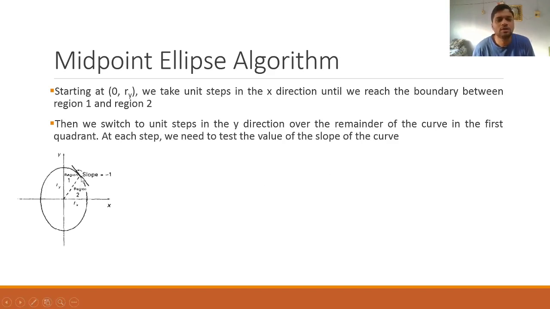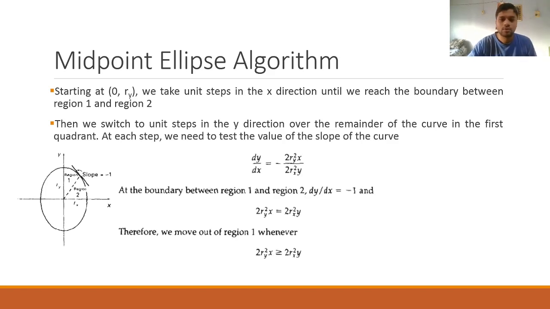From region 2 onwards, we tend to decrement y continuously, and we see whether x can be incremented or not.